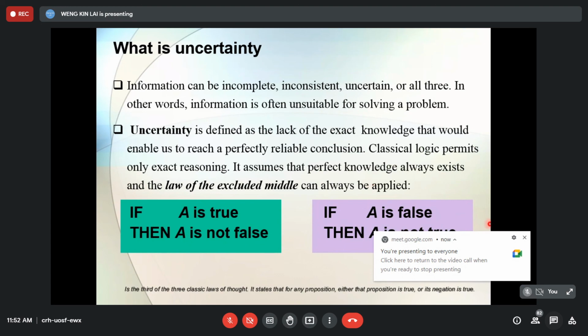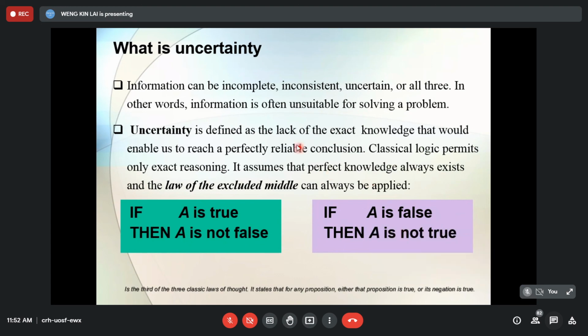But I am not a great fan of such questions, because if I ask you to define uncertainty, basically you're testing my memory, how good is my memory to remember the definition. So uncertainty is defined as a lack of exact knowledge. It's not about knowledge; it's exact knowledge that would enable us to reach a perfectly reliable conclusion. Because your knowledge is not complete, not exact, I am not able to give you an accurate conclusion, right?